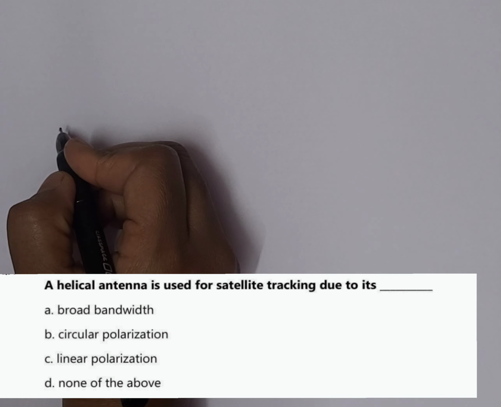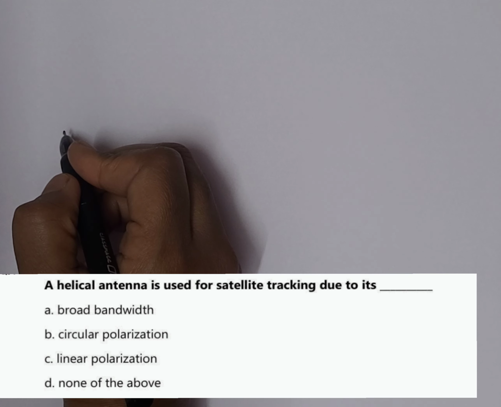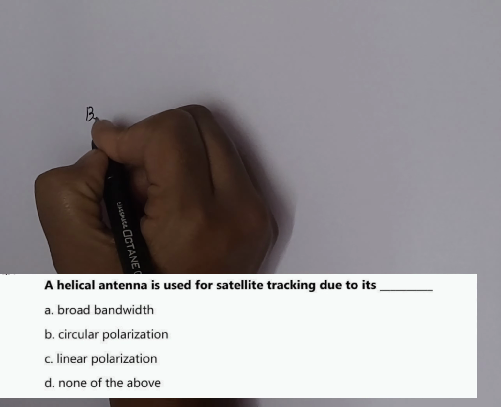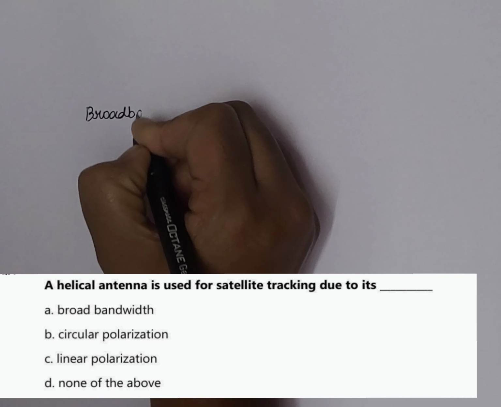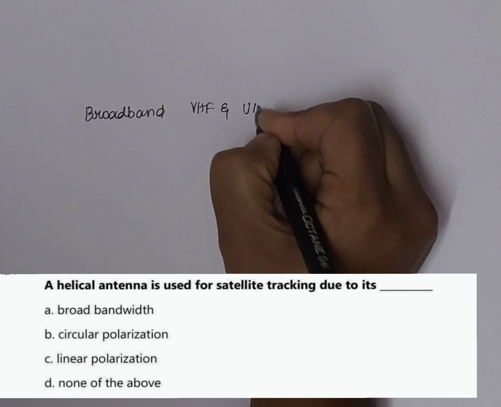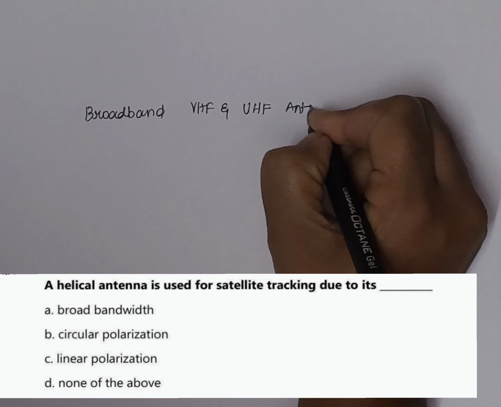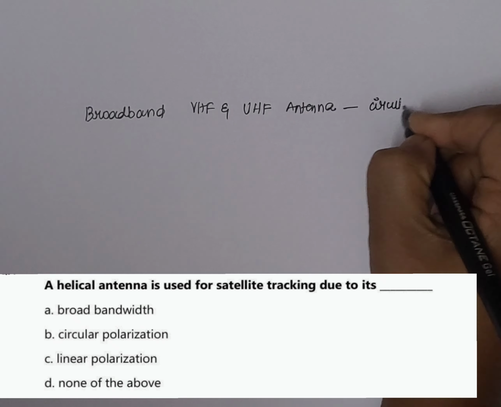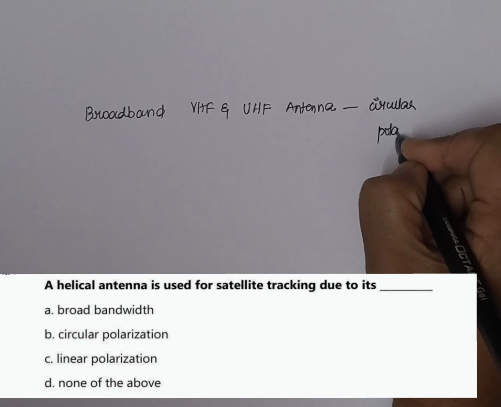Next question. A helical antenna is used for satellite tracking due to its broad bandwidth, circular polarization, linear polarization, or none of the above. In general, the helical antenna is a broadband very high frequency and ultra high frequency antenna to provide circular polarization.